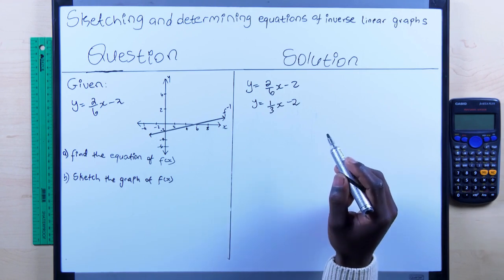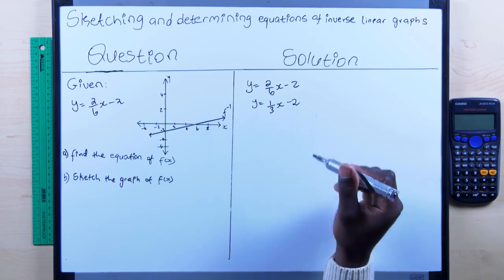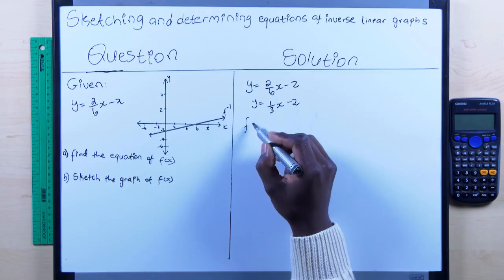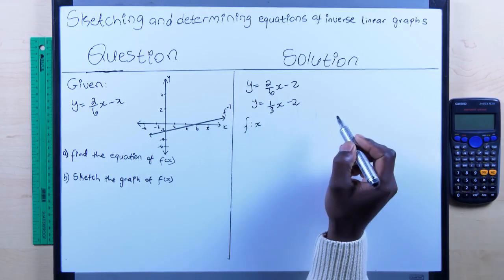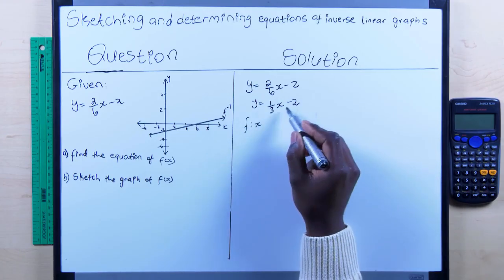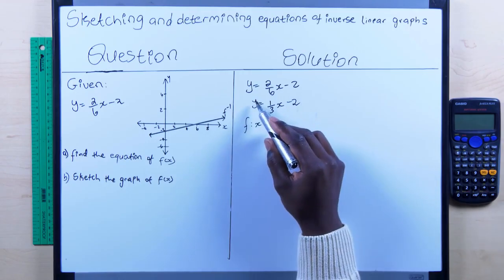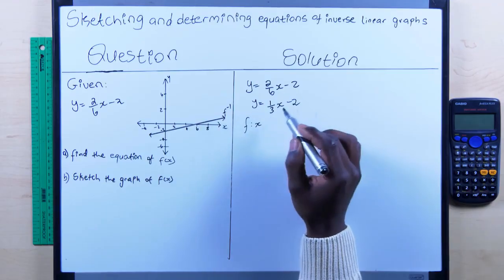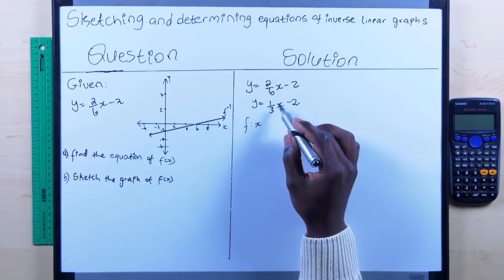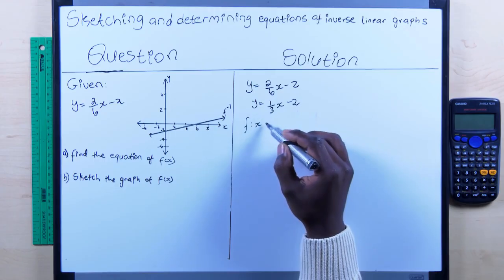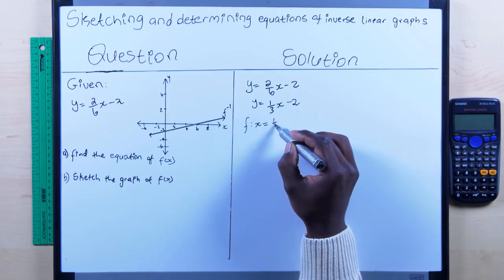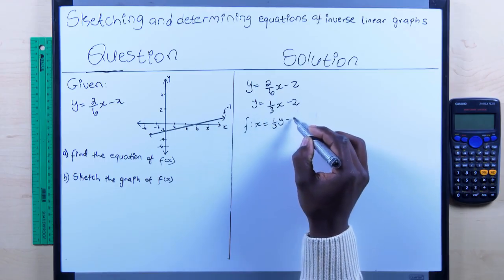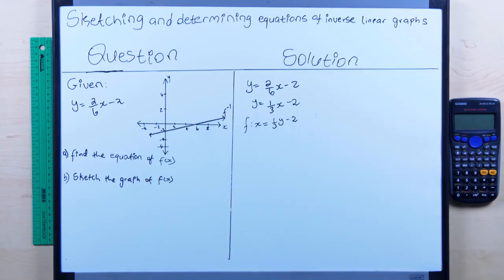Then, we want the function of x. So, you interchange the positions of x and y. Put x here without doing anything to the values or the coefficients, just swap. Which gives you x equals 1 over 3y minus 2.